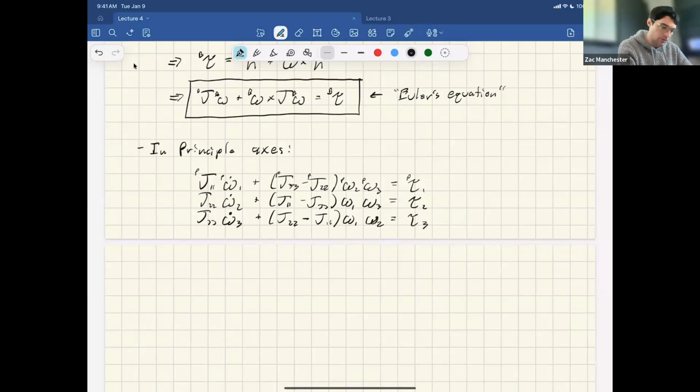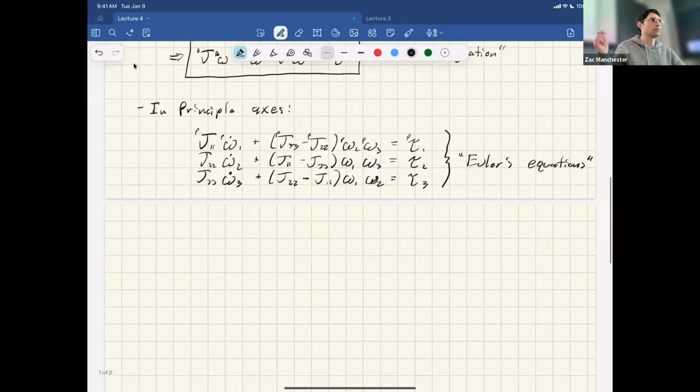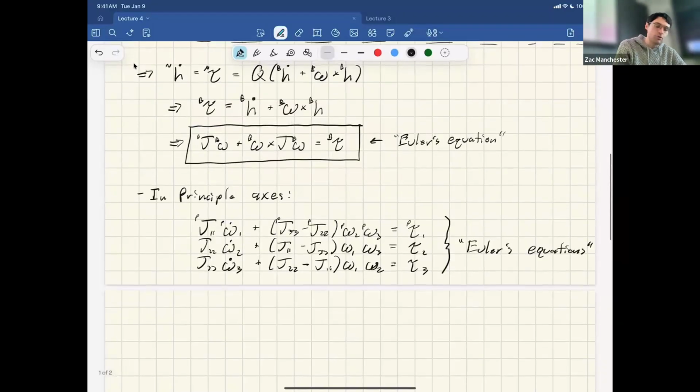Okay, so this set of three equations is usually referred to as Euler's equations, with an S. And let's see, who's seen these before? Everybody more or less seen these before? Yeah. These are useful more for doing analytic things. That one's the one you actually want in practice for simulation and stuff. This is the general case.